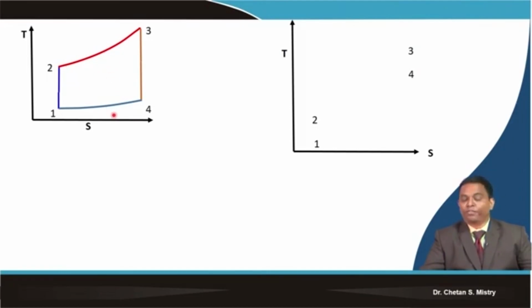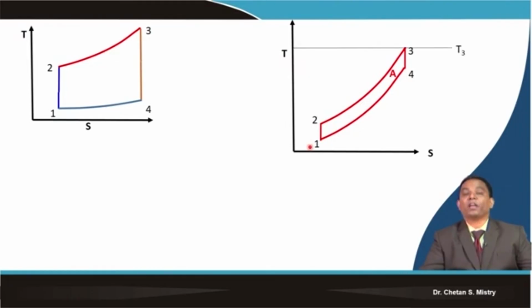If I represent this, I can draw the cycle like this. It represents one Joule cycle with the compression process, constant pressure heat addition process, expansion process, and this is my exhaust. Let me call this cycle A.